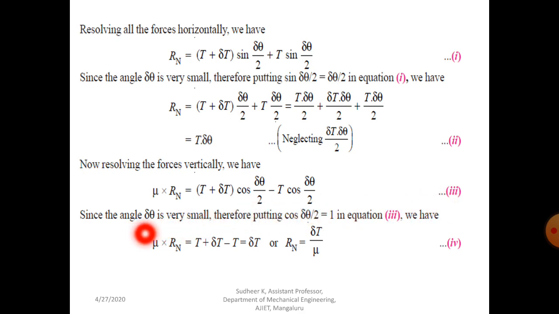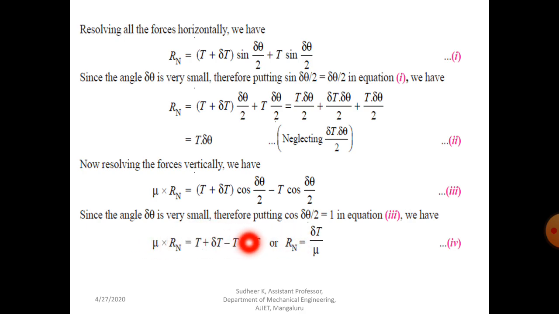Since again angle d theta is very small, wherever cos d theta by 2 is there, you consider it as 1 in equation number 3. So after consideration, mu into Rn is equal to T plus dT minus T. So again T and T will cancel, and you will get only dT. So mu Rn equal to dT.